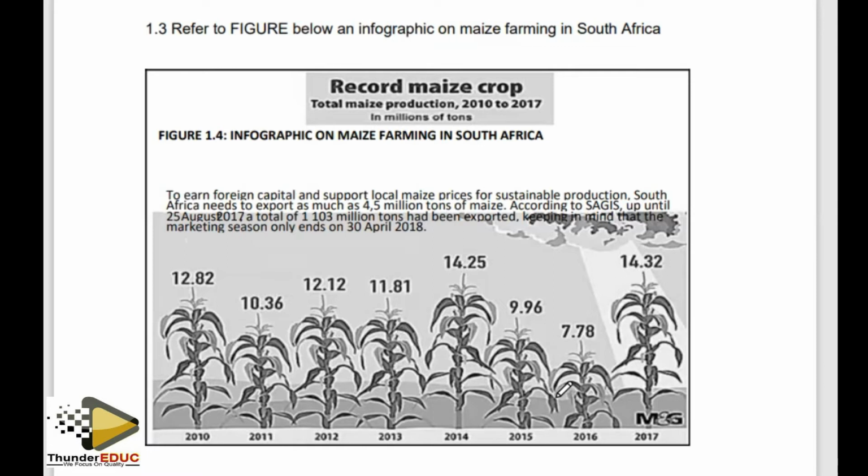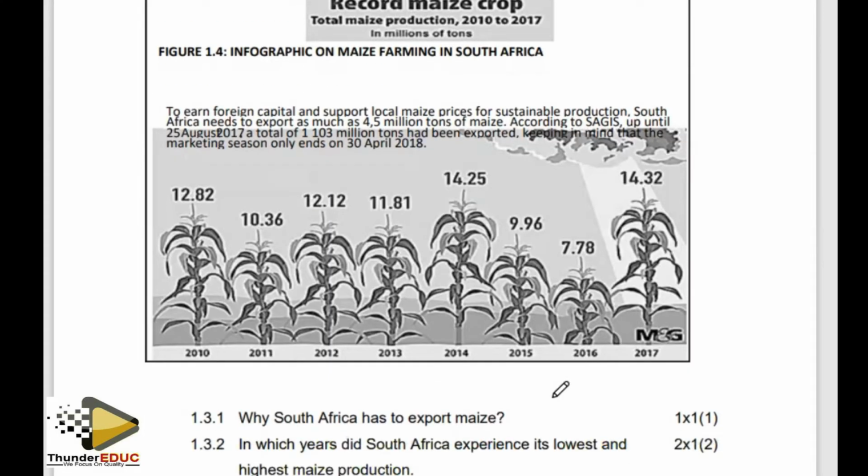All right, now the first question says, why does South Africa have to export maize? And as you can see here in our statement, it says to earn foreign capital and support local maize prices for sustainable production. That is why South Africa needs to export as much as 4.5 million tons of maize.